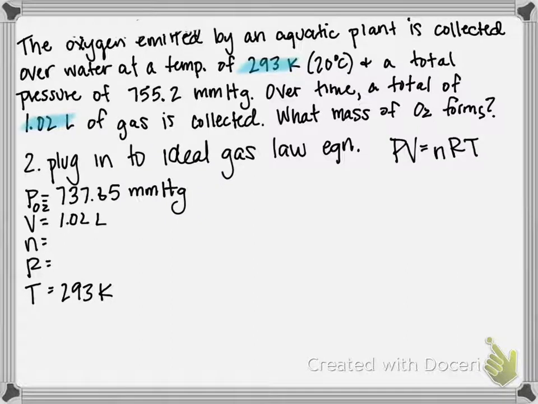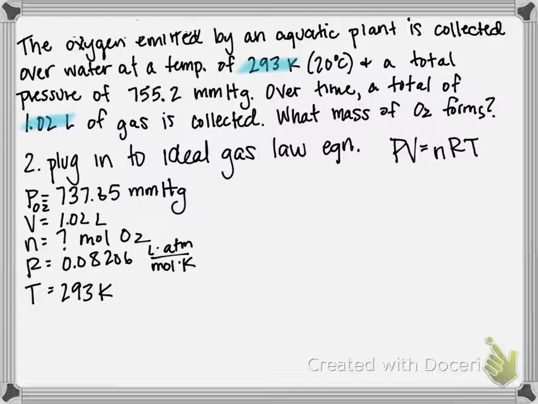And the only thing that we have left that we're going to be solving for is our moles of oxygen. We always have our ideal gas constant, which is 0.08206 liters times atmospheres over moles times Kelvin.